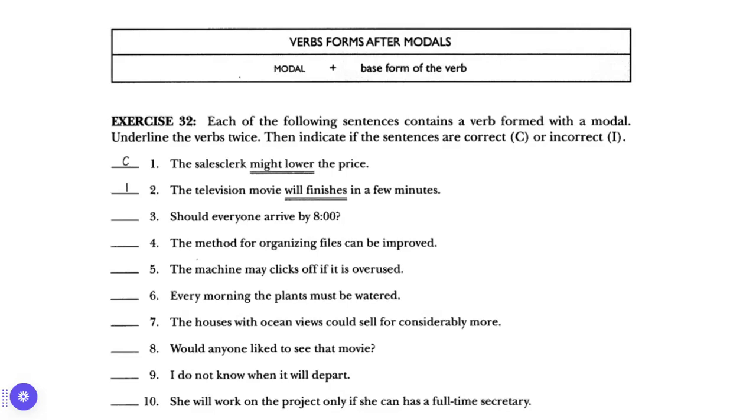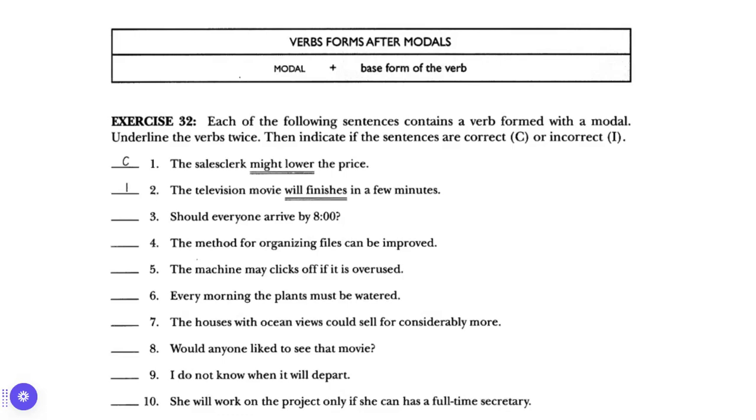Okay, let's review. Number 3 and 4, both correct. Number 5, incorrect. Clicks should be click. Number 6 and 7, both correct. Number 8, incorrect. Liked should be like.